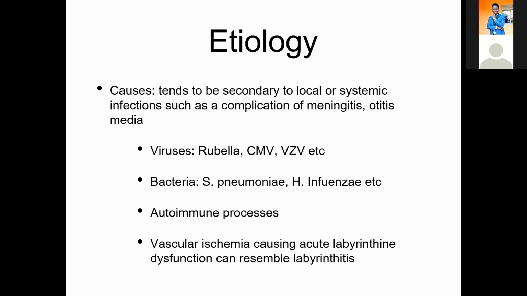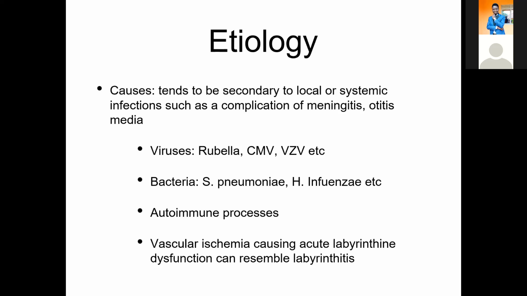Also vascular ischemia, causing acute labyrinthine dysfunction, which can resemble labyrinthitis. Vascular ischemia comes because the inner ear has one blood supply, called the labyrinthine artery.